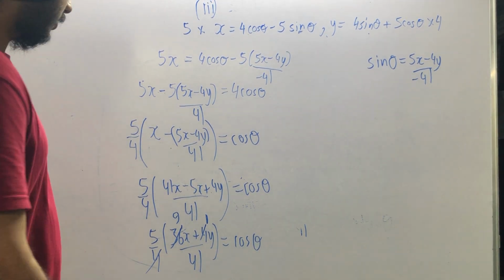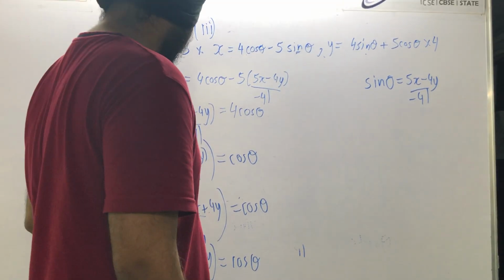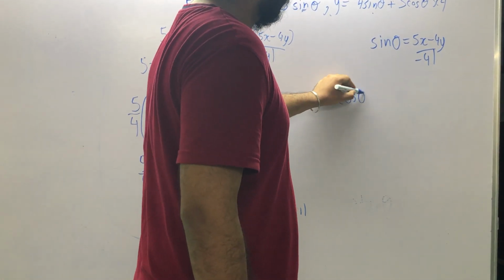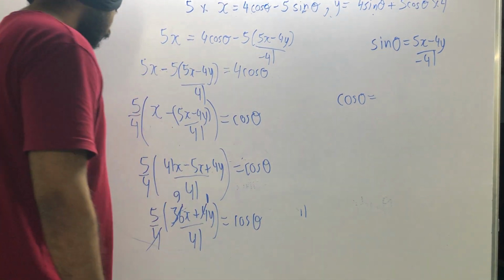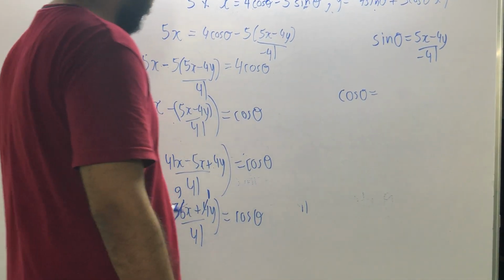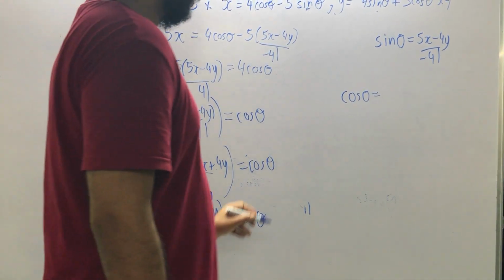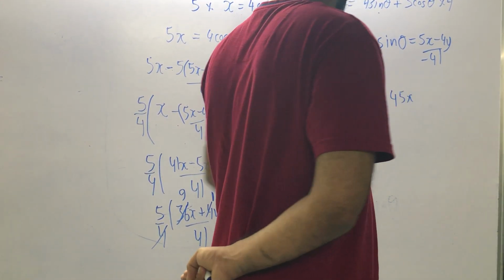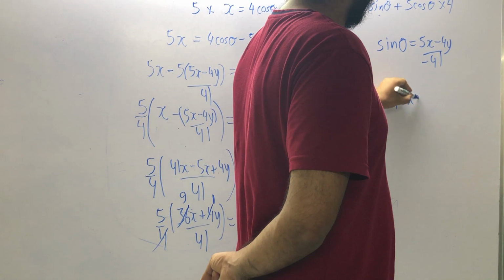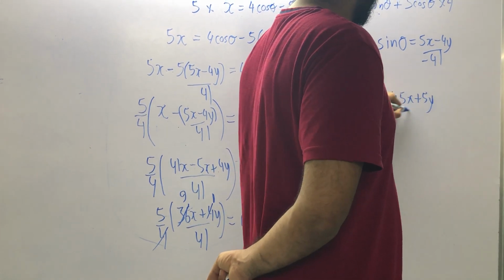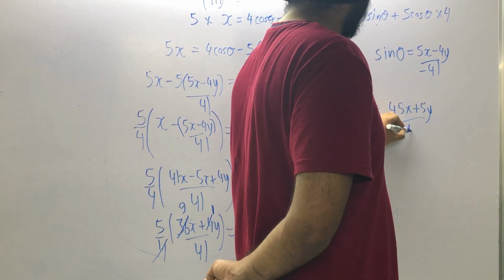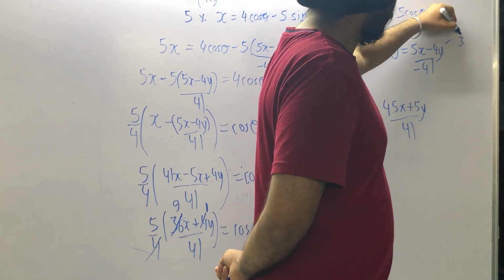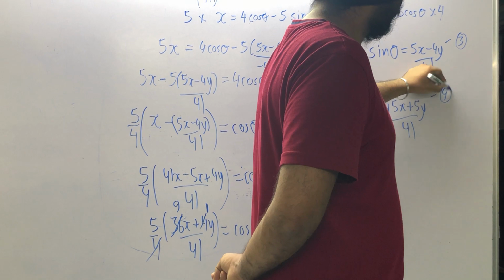So it will come out to be finally cos theta equal to, you multiply 5 with this inside, so you will get (45x plus 5y) upon 41. Now you can just name this 3 and name this one as 4.